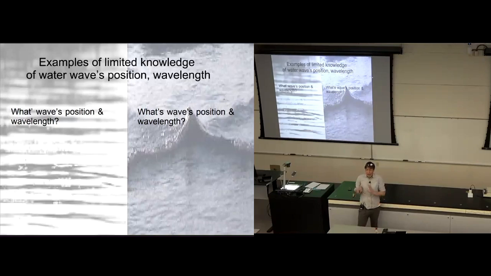And this is really Heisenberg's point: if matter waves have this characteristic, wave-particle duality, then you can't simultaneously know their wavelength and their position. We can turn this into an equation.